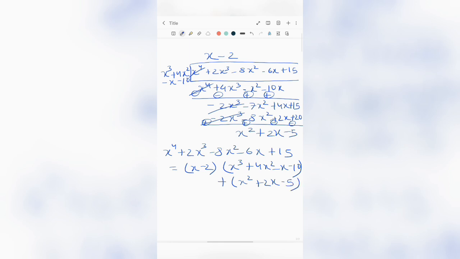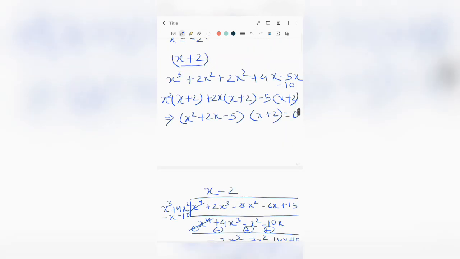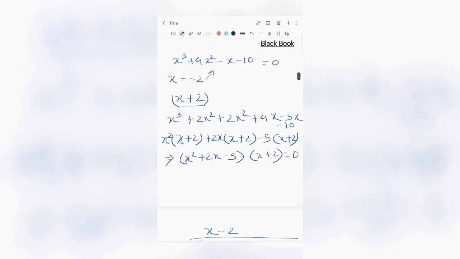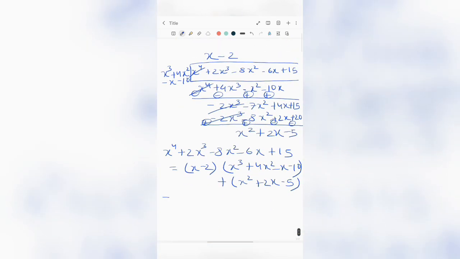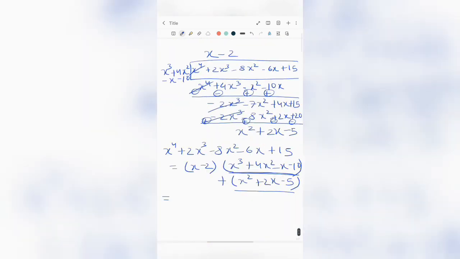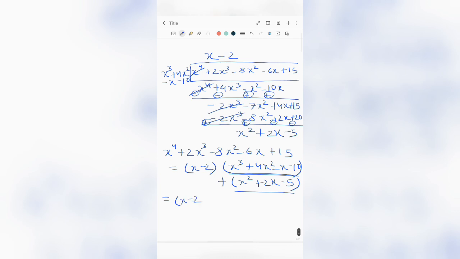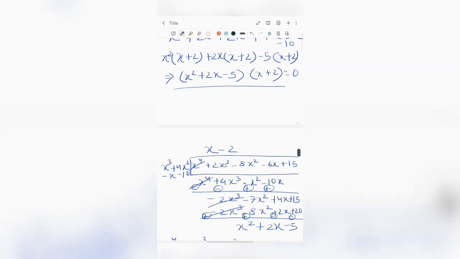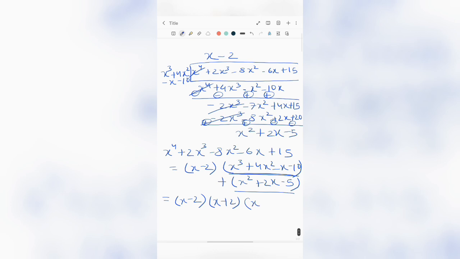And from solving the first polynomial we get this. So substituting from here, we can write x minus 2 into x plus 2 into x square plus 2x minus 5, plus x square plus 2x minus 5.